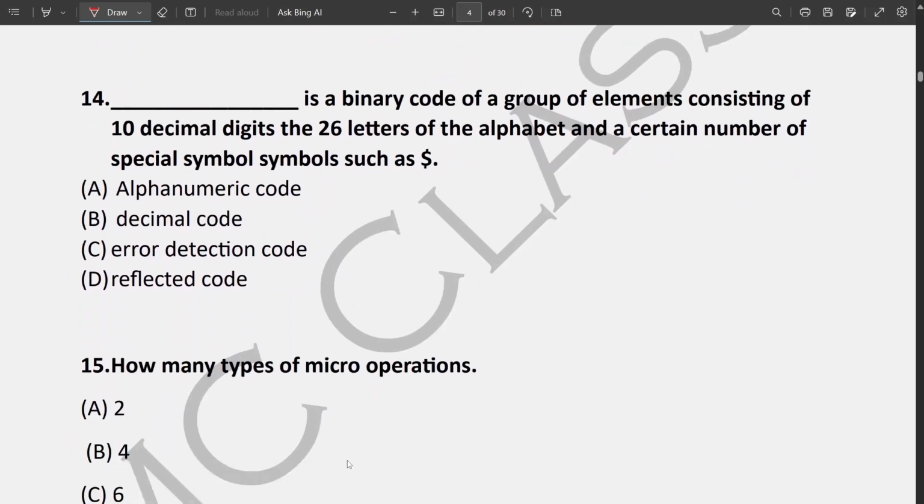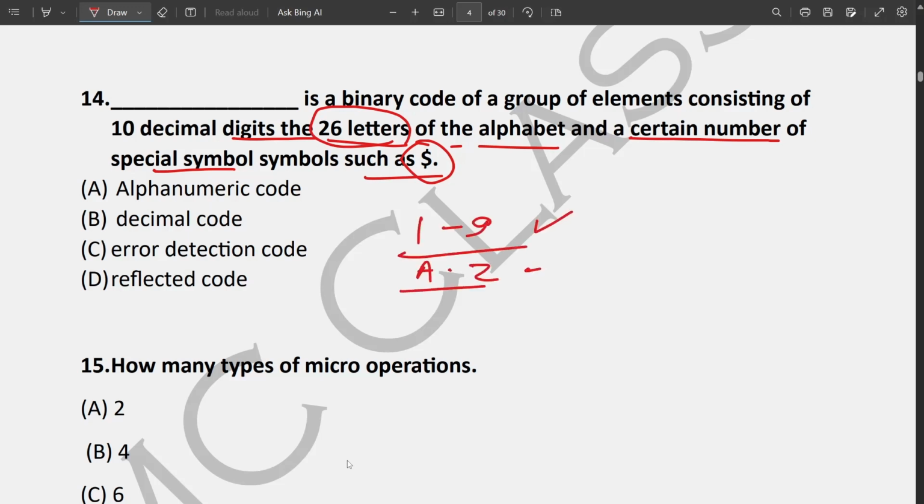Next, a binary code of a group of elements consisting of 10 decimal digits, the 26 letters of the alphabet and a certain number of special symbols like the dollar sign. So elements consisting of digits 0 to 9, alphabets A to Z and some dollar signs.